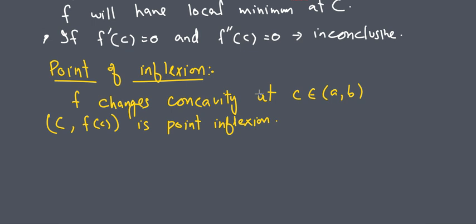What is the difference between concavity? We say function is concave up, concave down. We were discussing that. So how can you distinguish between a function that is concave up and a function that is increasing? What is the difference between an increasing function and a concave up function?